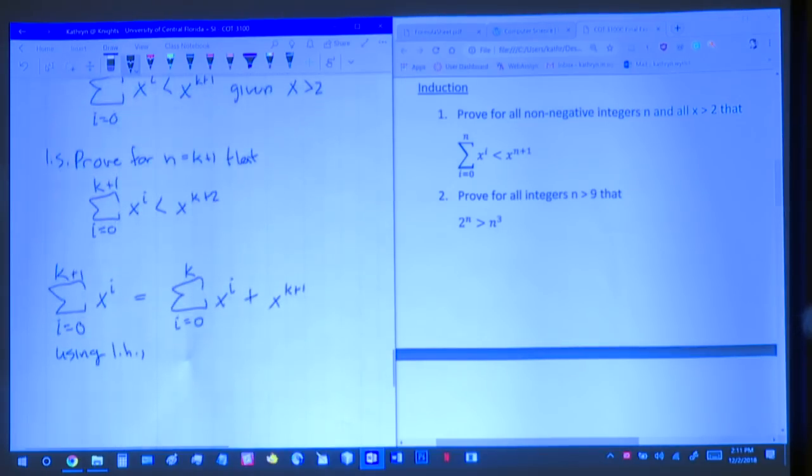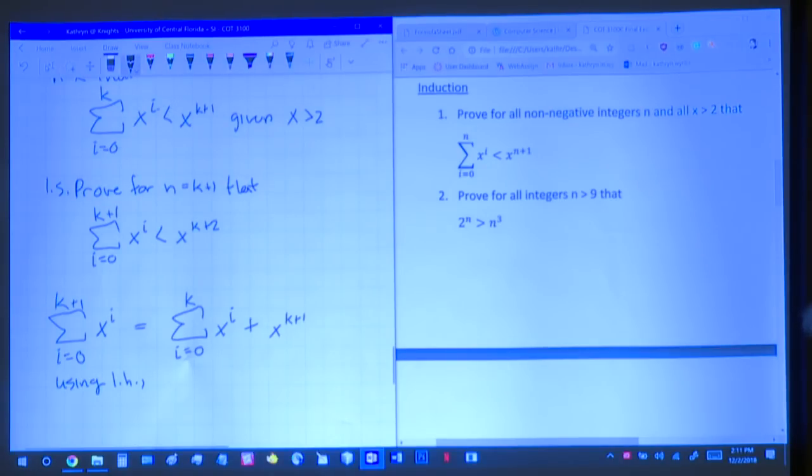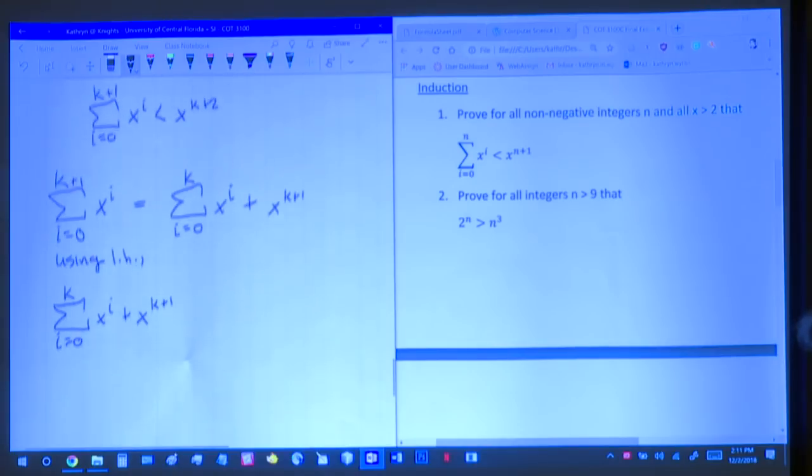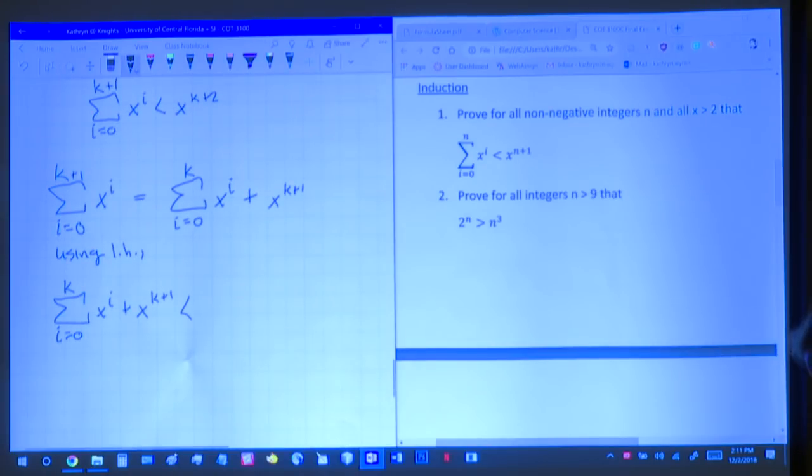And then we can use our inductive hypothesis. We can replace this one with this. I'm just going to rewrite it so it makes more sense visually: the summation from i equals 0 to k of x to the i plus x to the k plus 1 is smaller than x to the k plus 1 plus x to the k plus 1.